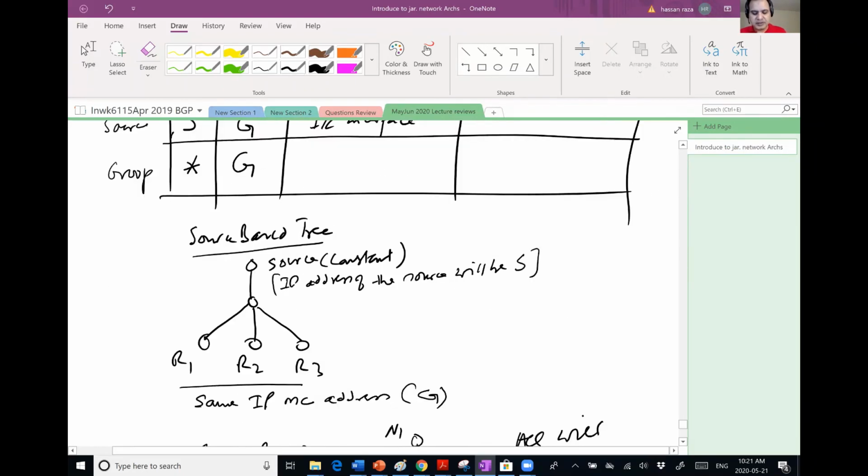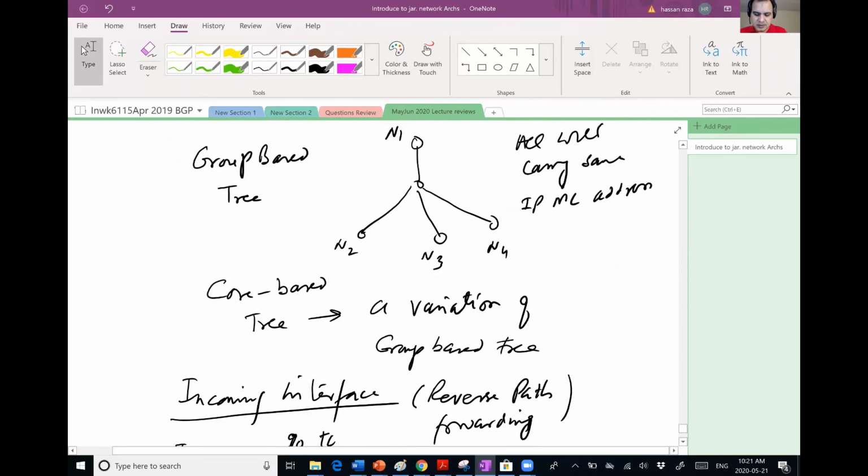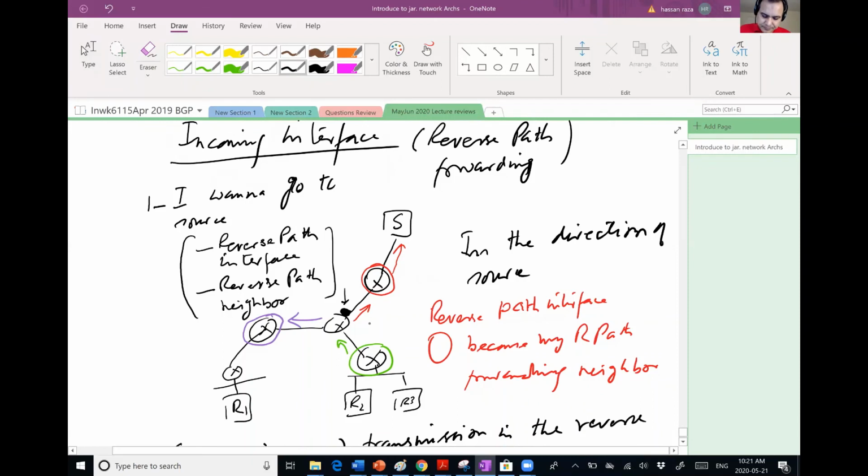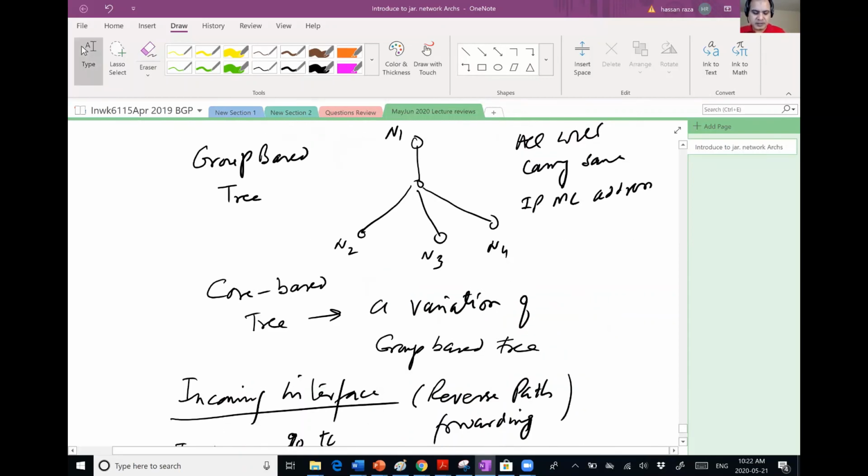If I name these interfaces, for example, this is I1, this is I2, this is I3. These are the three interfaces, not the links. Then I would say my incoming interface is I1.